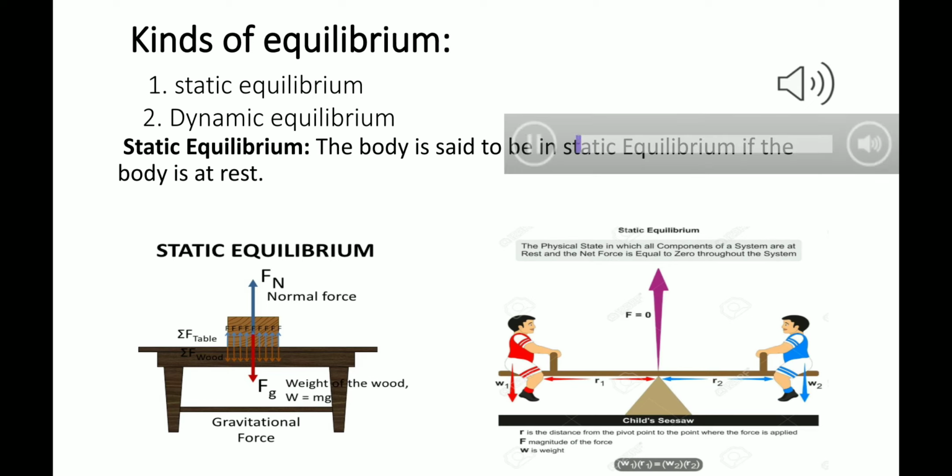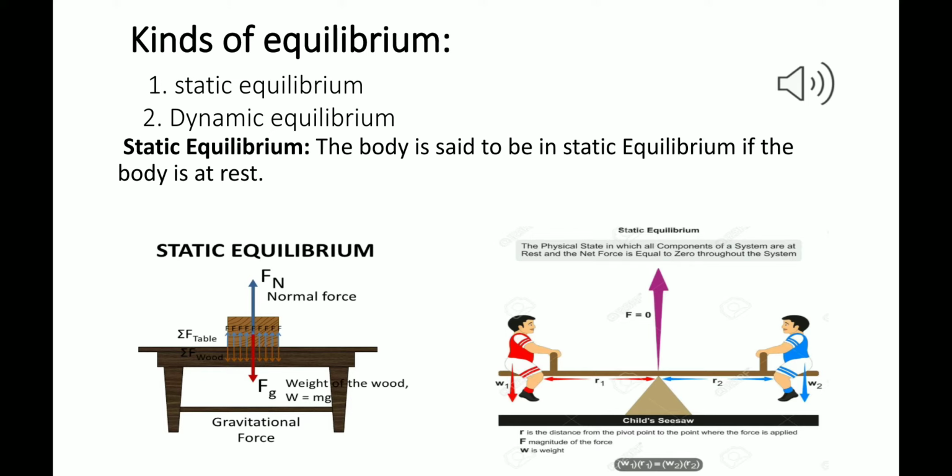Now in this slide, we are going to study kinds of equilibrium. Now there are two kinds of equilibrium as mentioned here. The first one is static equilibrium and the second one is dynamic equilibrium. So we take one by one. Static equilibrium. Now you know there are two states of body.